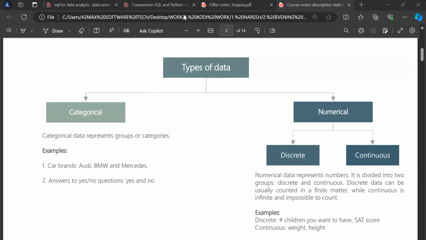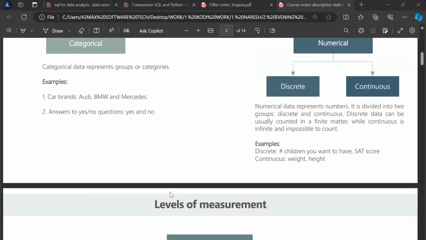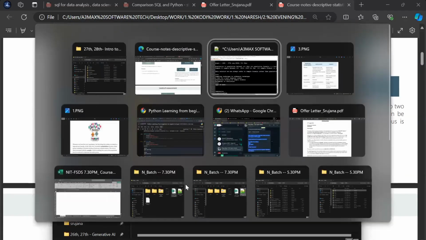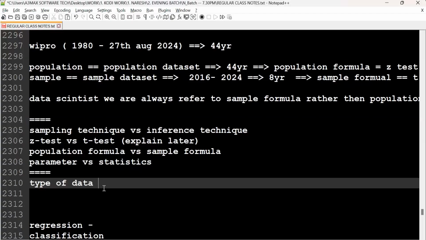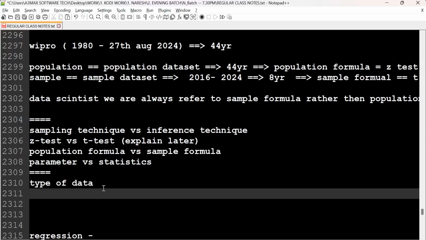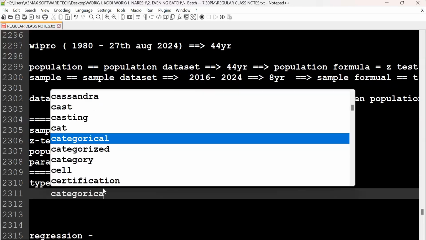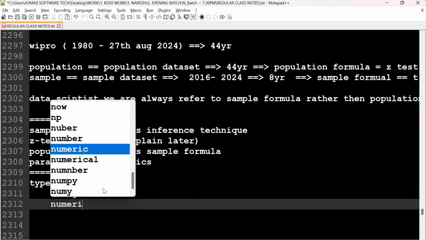So I hope the concept is clear on what type of data we discussed right now. Online team, I hope it's pretty clear. Every time I ask the question, are you clear? That doesn't mean I want an acknowledgement from you as well. All right, this is a hard concept and I try to simplify things. Okay, good. Next part, let me write it down. Types of data: how many types? Categorical and numerical.